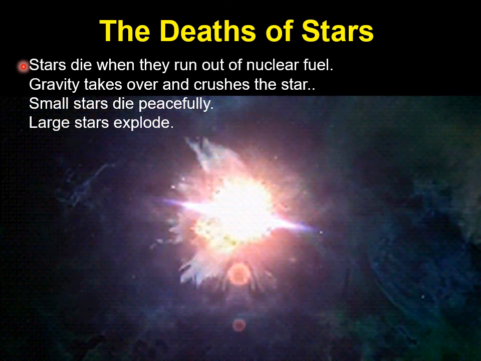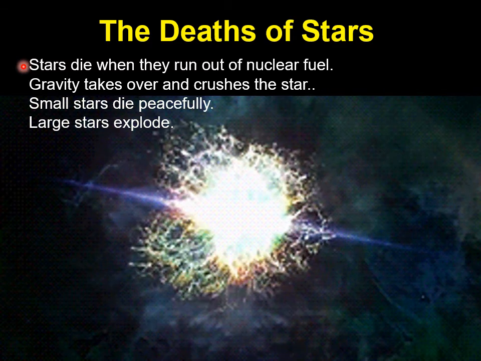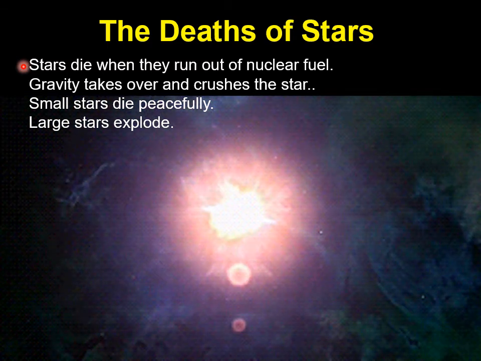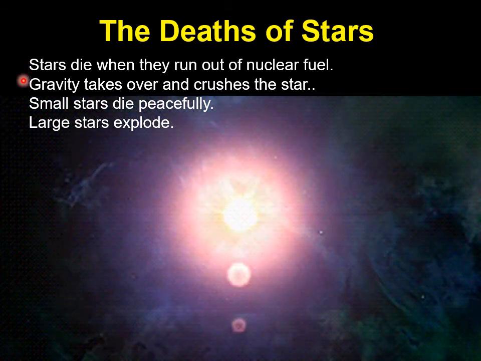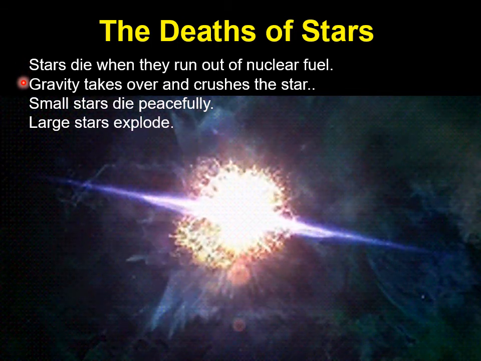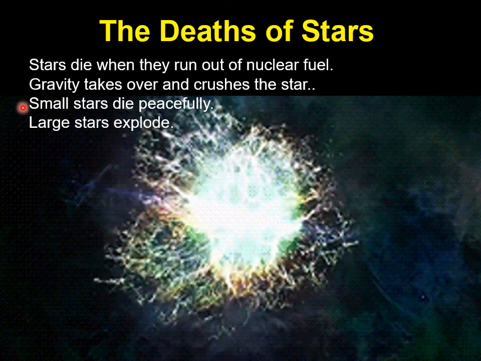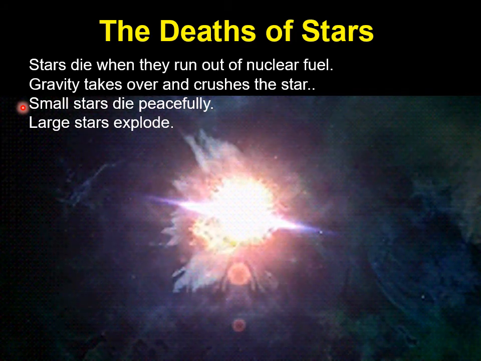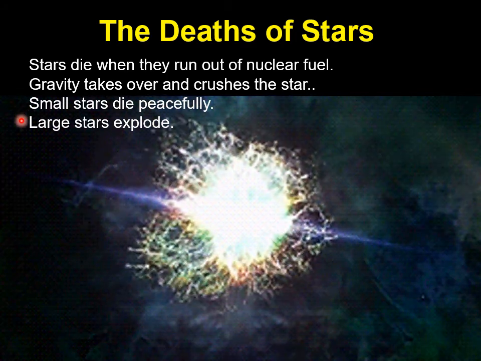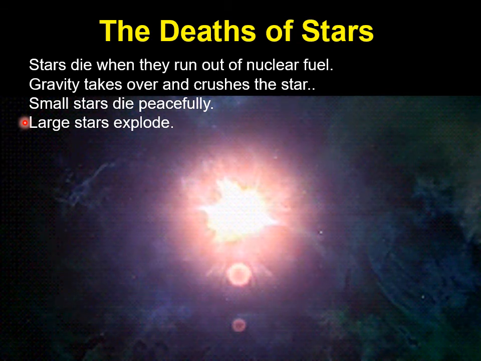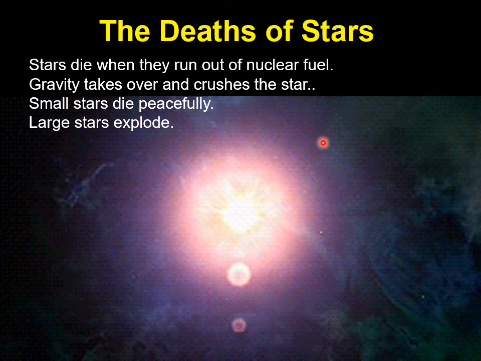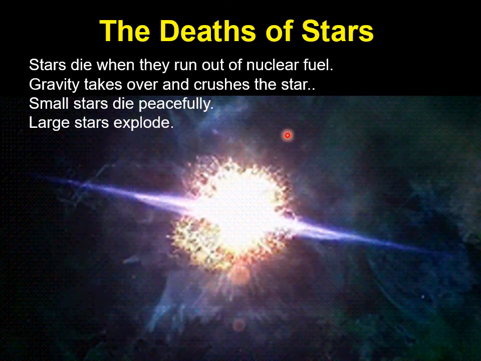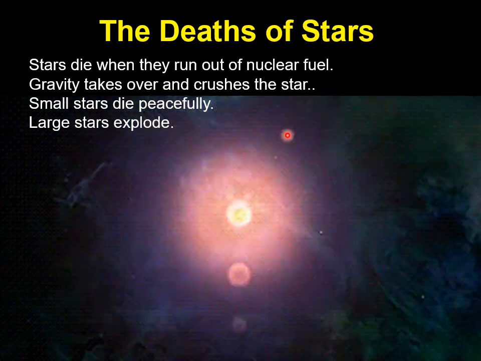When they run out of hydrogen fuel, they are running out of energy. And so what happens then is gravity takes over and crushes the star. The smallest stars actually die a very peaceful death, but the largest stars explode violently. This animation here is showing what a supernova explosion looks like when a massive star comes to the end of its life and blows itself up.